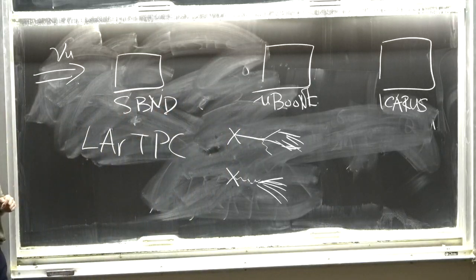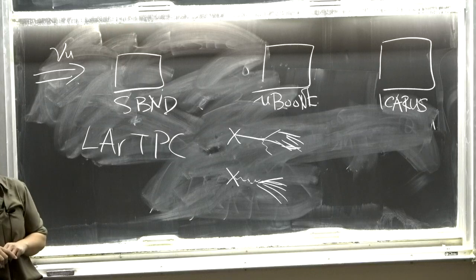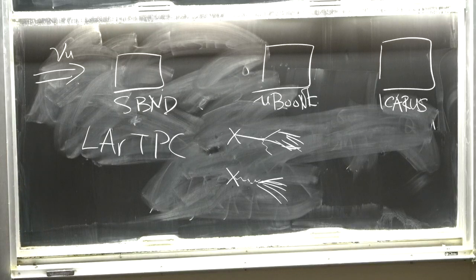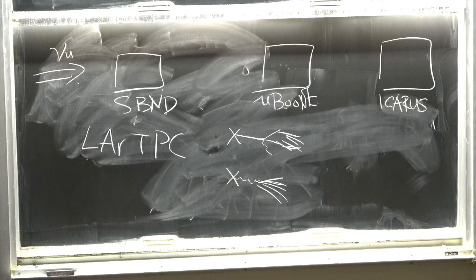Yeah. And there was a question. Right, so the question is essentially what about other experiments? Because this is obviously a very intriguing signal, so I think pretty much every oscillation experiment conducts such a measurement.